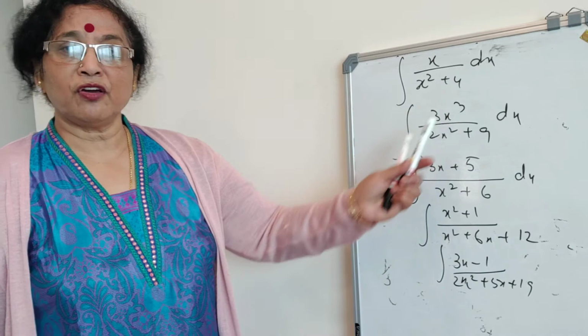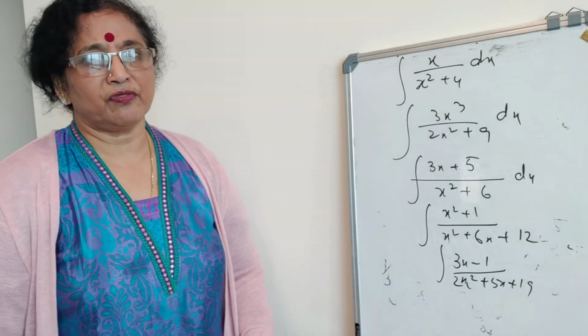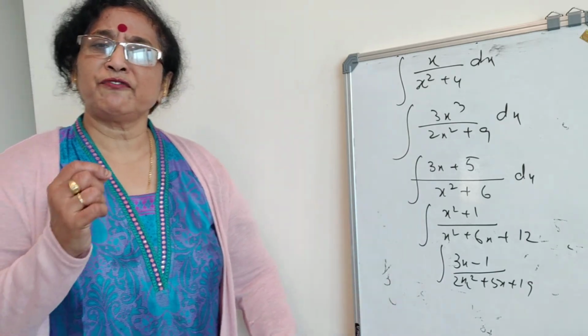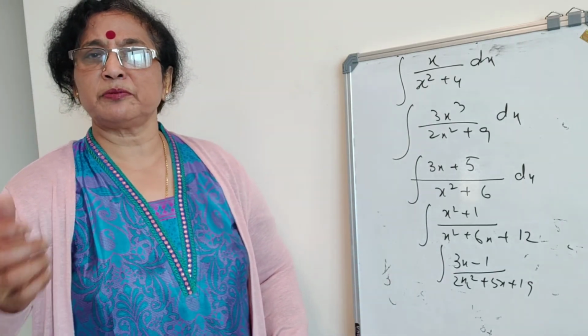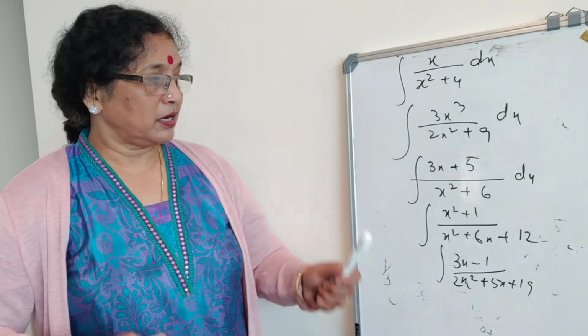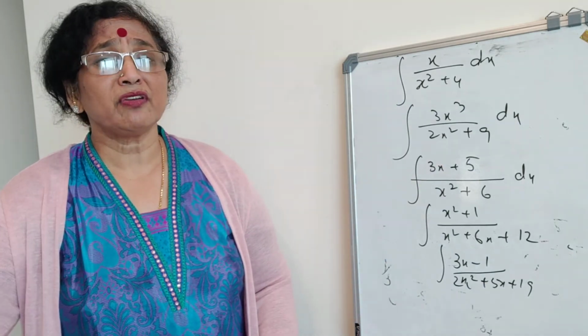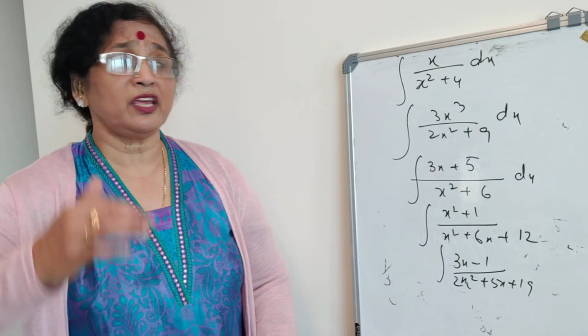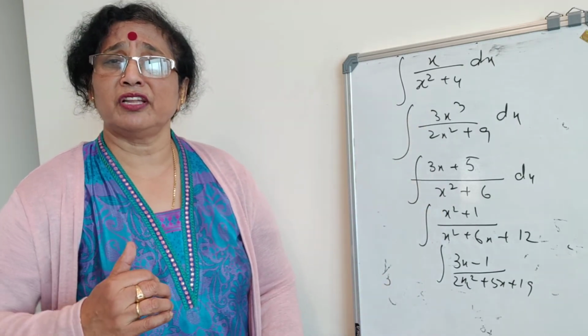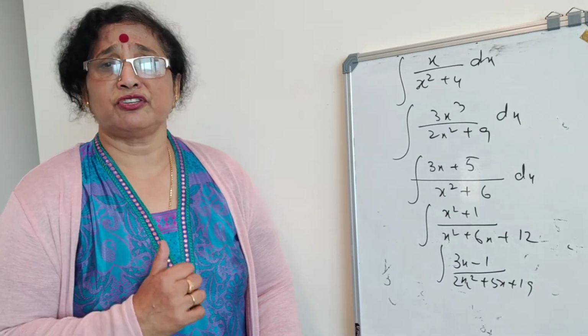The other one, the degree of numerator is greater than the degree of denominator, the power. So why do they give formulas only for ax plus b and a quadratic? Why don't they give others? Because if the degree of numerator is greater than or the same as the degree of denominator, we do long division.